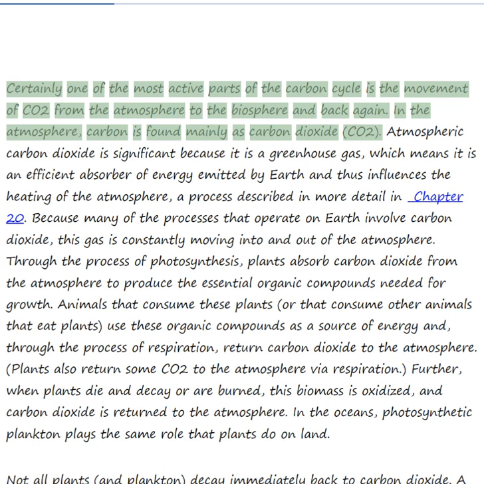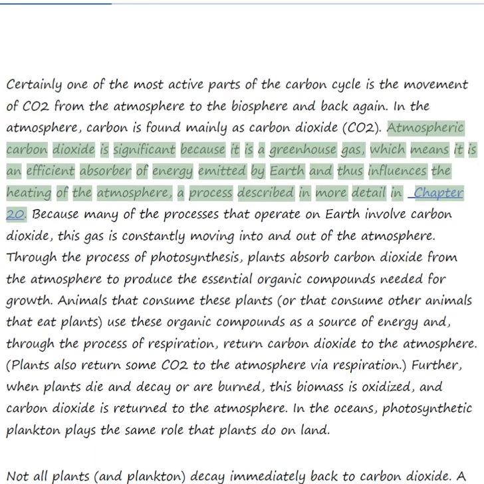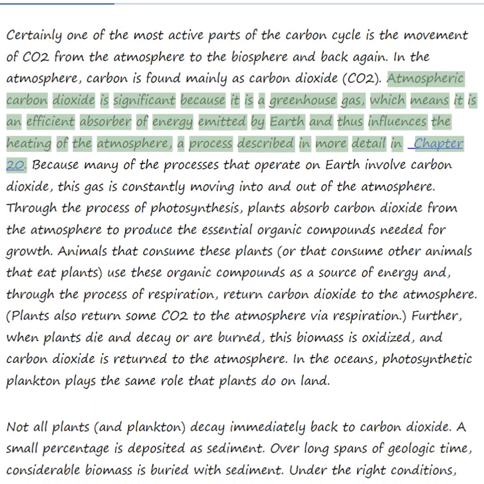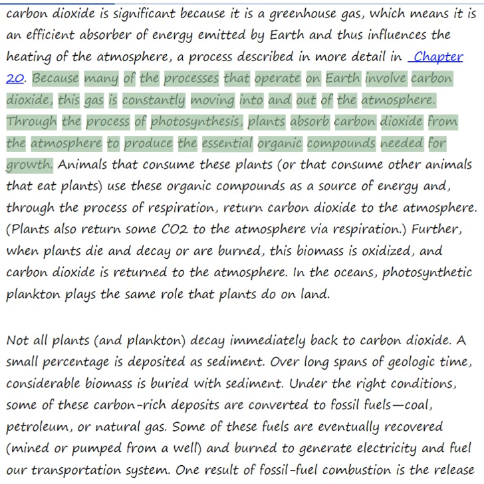In the atmosphere, carbon is found mainly as carbon dioxide. Atmospheric carbon dioxide is significant because it is a greenhouse gas, which means it is an efficient absorber of energy emitted by Earth and thus influences the heating of the atmosphere, a process described in more detail in Chapter 20. Because many of the processes that operate on Earth involve carbon dioxide, this gas is constantly moving into and out of the atmosphere.